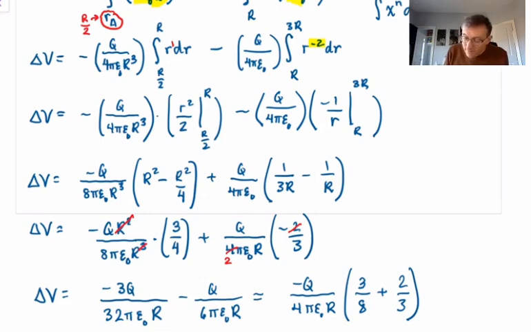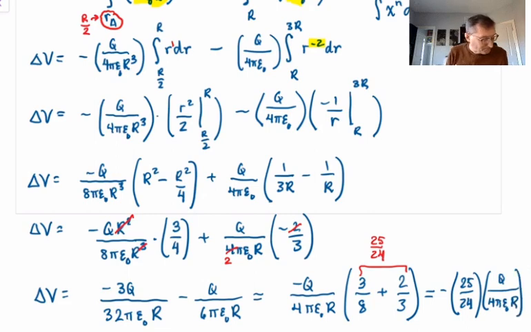And you can get a common denominator there. And when you do that, the quantity in the parentheses becomes 25 over 24. So your final answer is negative 25 over 24 times q over 4 pi epsilon 0 r.